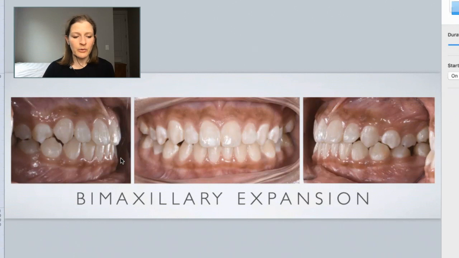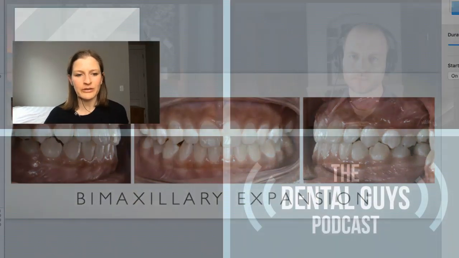Now, why do you say that that's potentially controversial? Is it because of the 2 rounds, or talk about that a little bit? Yeah, so there's two things that I would say are controversial about this case in the orthodontic world. First, a lot of orthodontists will do 1 expander and they're done. In my practice, we expand until the bones are right.